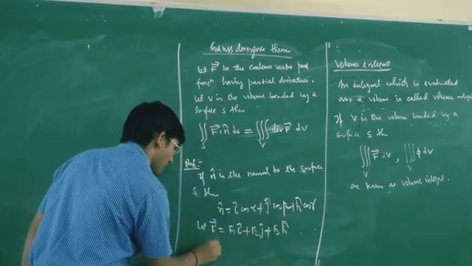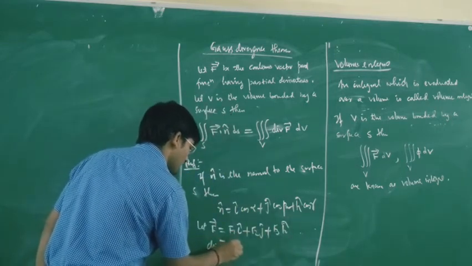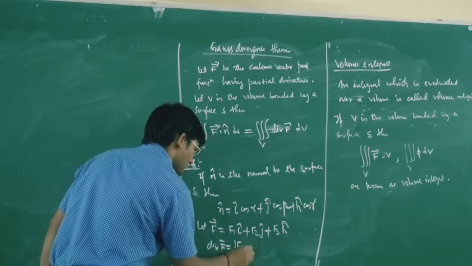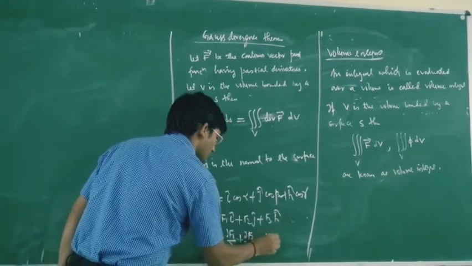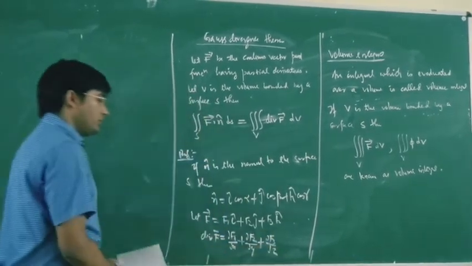Then your divergence f will be equal to del f1 upon del x plus del f2 upon del y plus del f3 upon del z.